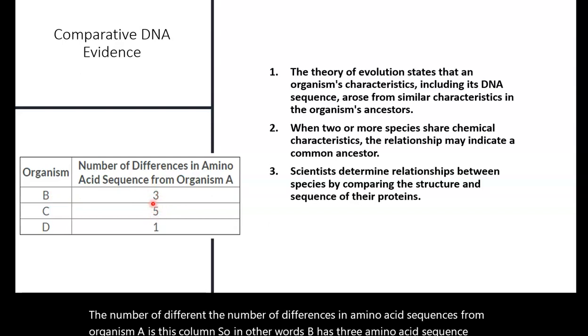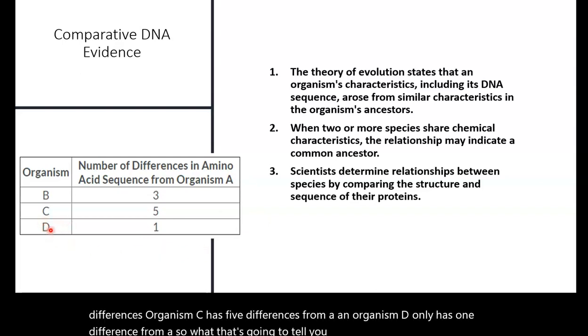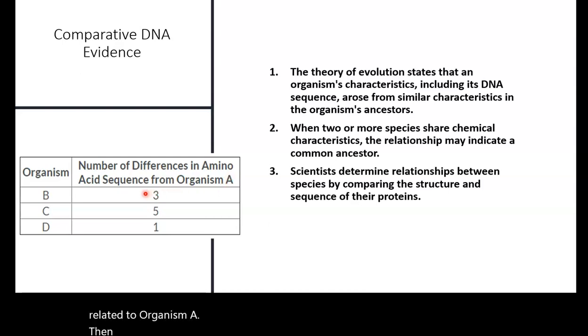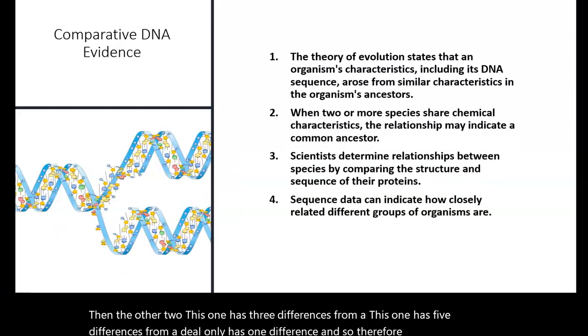Organism C has 5 differences from A, and organism D only has 1 difference from A. So what that's going to tell you is that organism D is more closely related to organism A than the other 2. This one has 3 differences from A, this one has 5 differences from A, D only has 1 difference, and so therefore they're more closely related, A and D.